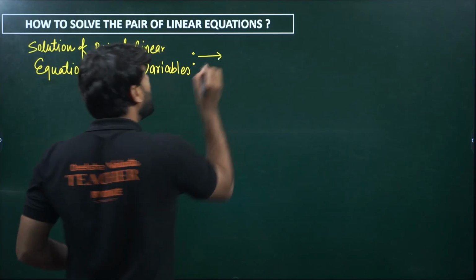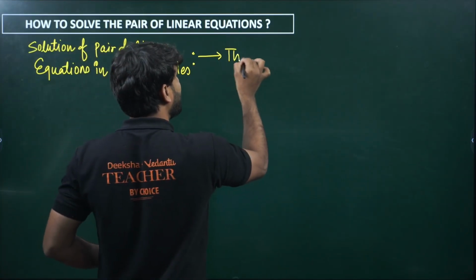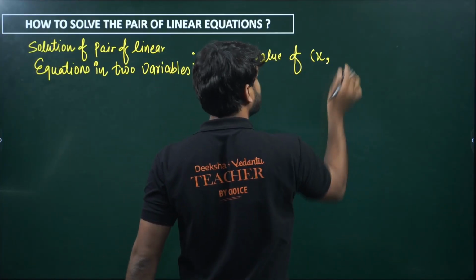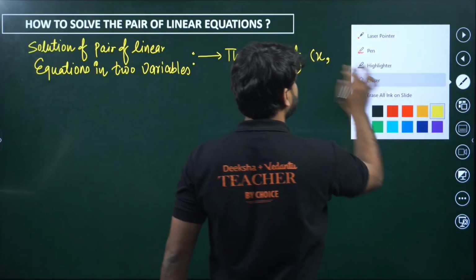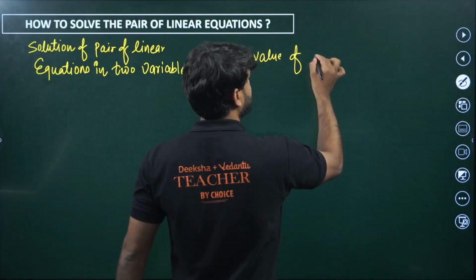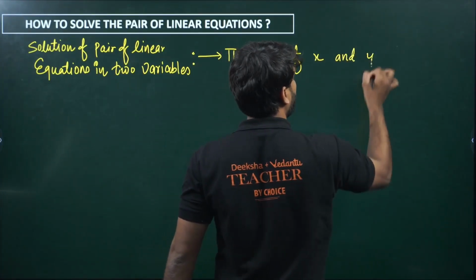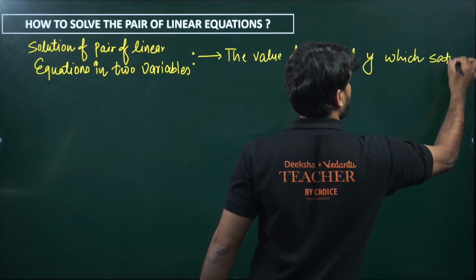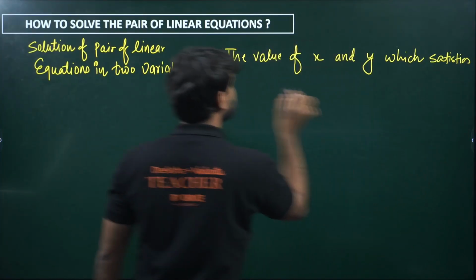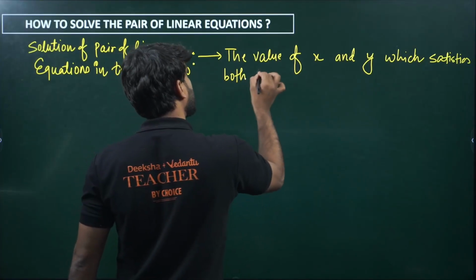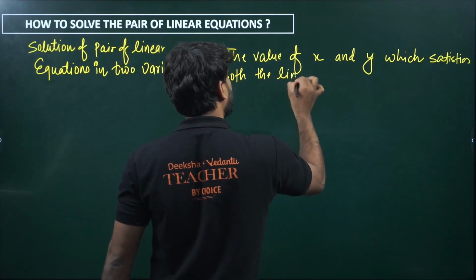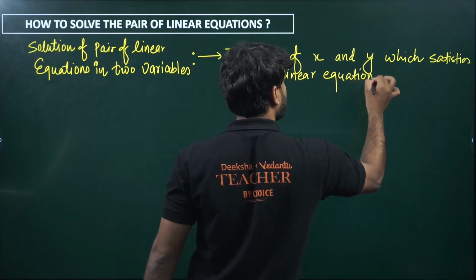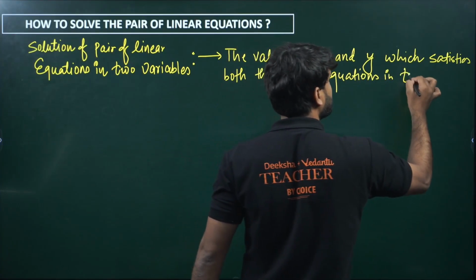It means that we are looking for the values of x and y which satisfy both the linear equations in two variables.